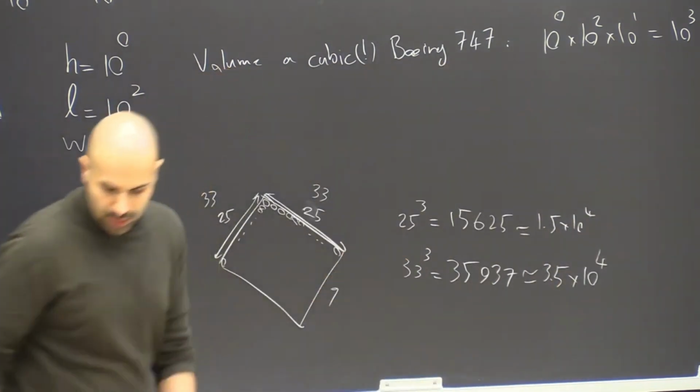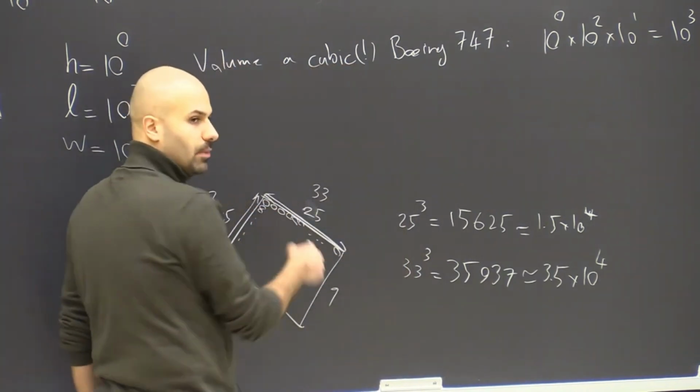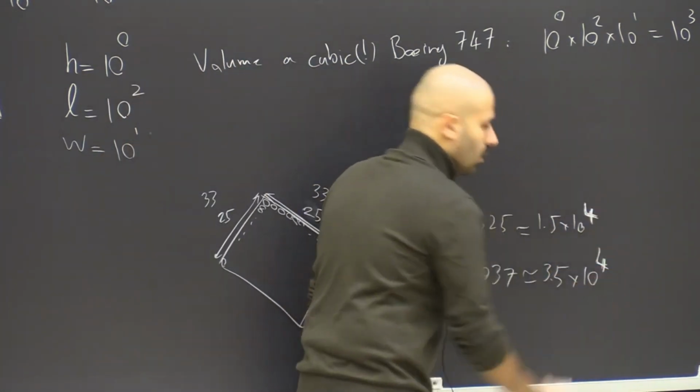So the thing is, you can see, regardless of whether we go with 3 centimeters or 4 centimeters, it doesn't matter, because we arrive at 10 to the power of 4.